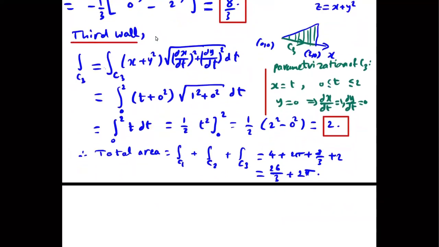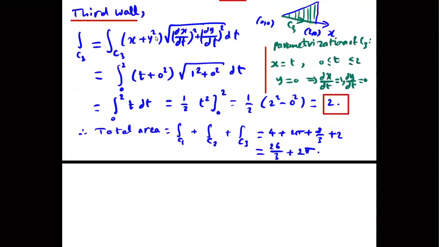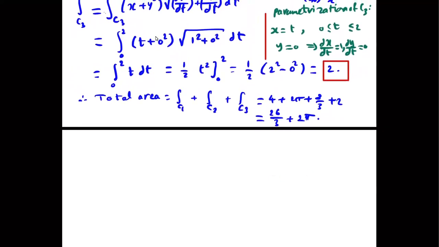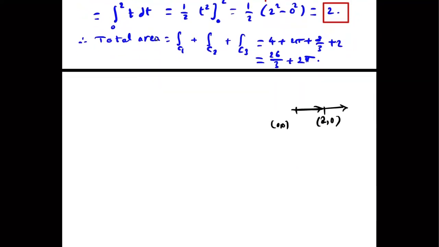Again here, the third part of the curve is this C3. From the point 0, 0 to the point 2, 0. Of course, this is the x-axis. The equation is y equals 0. And x varies from 0 to 2.